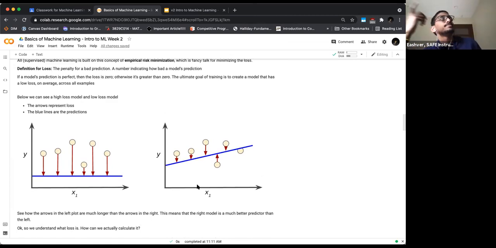And so the big question is, in each of these cases, how are we calculating loss? That's something I want you guys to put into the chat. How are we calculating loss in these questions? You can type it in chat or say it out loud.